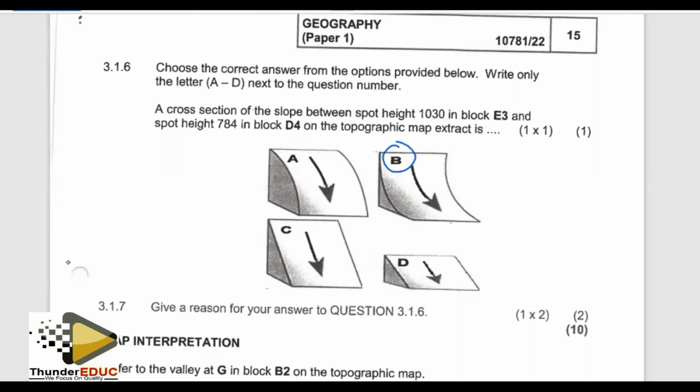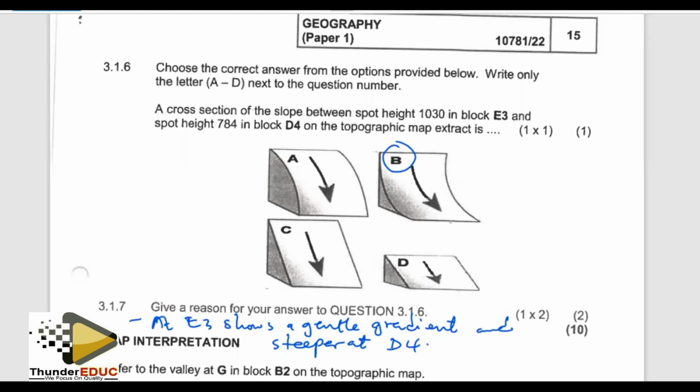Give a reason, then you could say E3 shows a gentle gradient and steeper at D4.